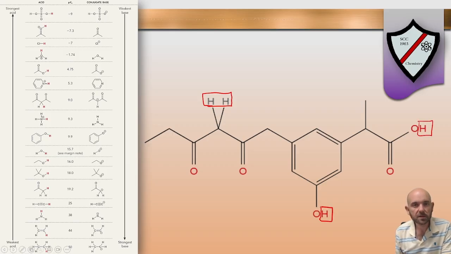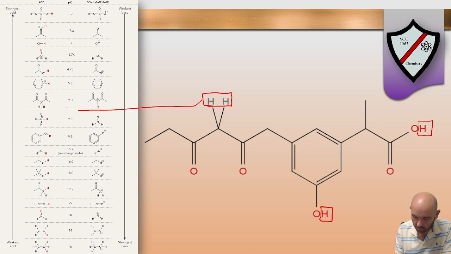Even though those protons aren't directly represented in our pKa table, we would probably be able to understand that these two protons are very similar to these two protons here.